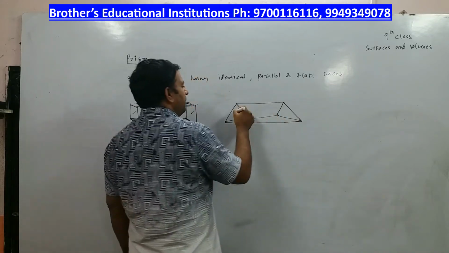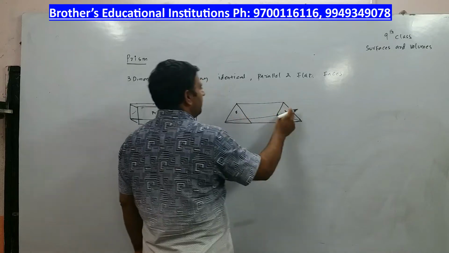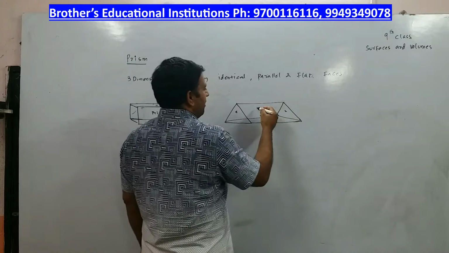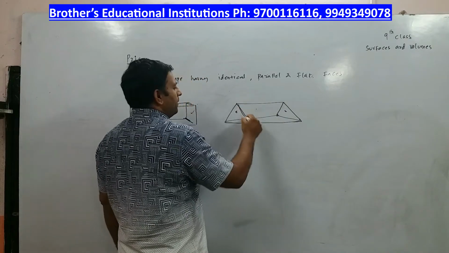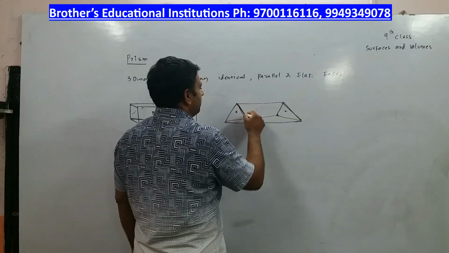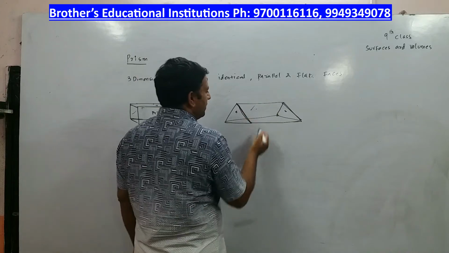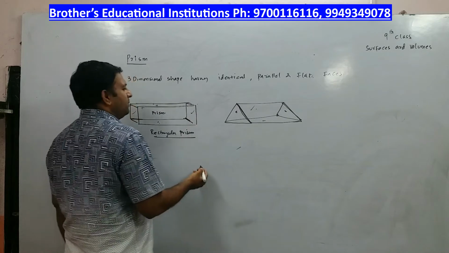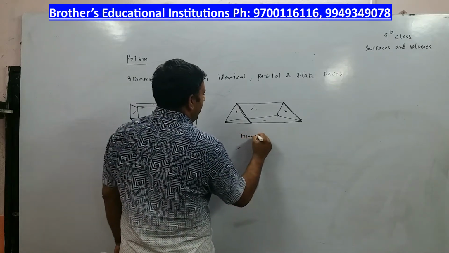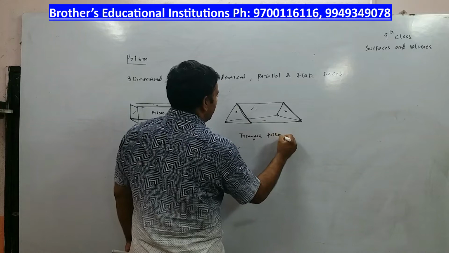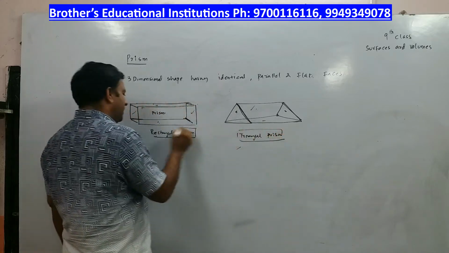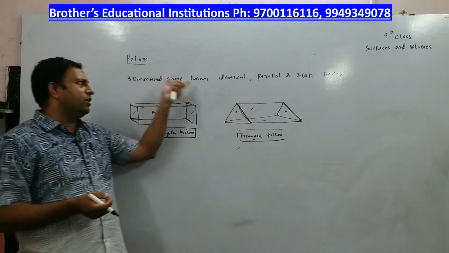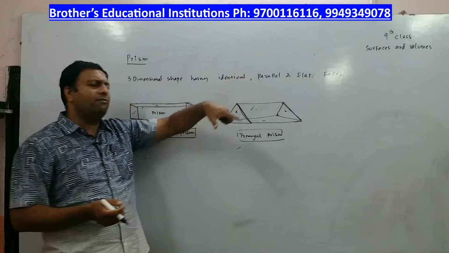Now can you see this and this are parallel, identical and flat, whereas here this is a flat face, this is a flat face, and that third side is a flat face. Now what kind of prism is this? This is a triangular prism. So there are two types of prism I have drawn: rectangular prism and triangular prism, a three-dimensional shape having identical, parallel and flat faces.